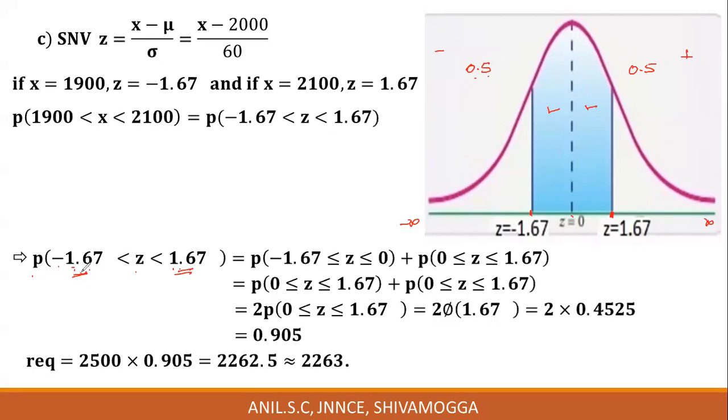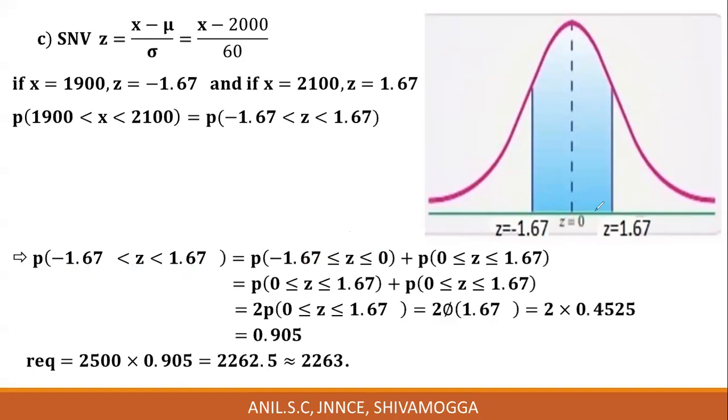Now for this probability where minus 1.67 less than Z less than 1.67, you just divide this interval into two subintervals. First interval is from minus 1.67 to 0, plus 0 to 1.67.